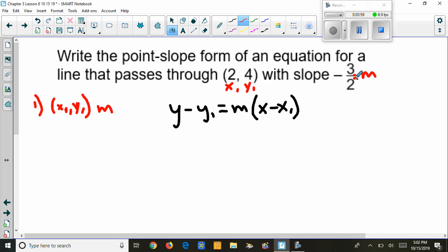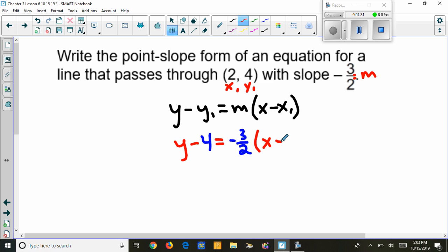From there, we can plug in that information. So, y minus, well, y1 is 4, is equal to the slope, -3/2, times the difference of x minus x1, which is 2, close the parentheses.